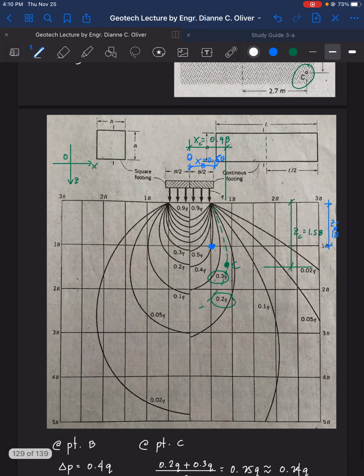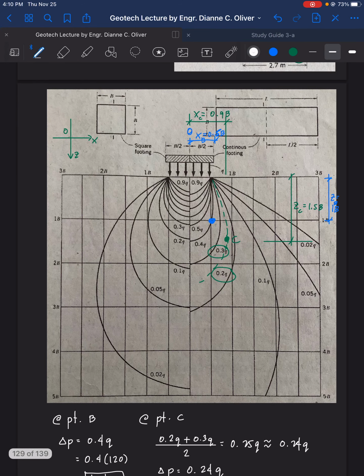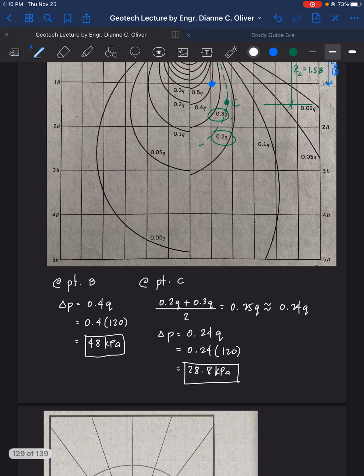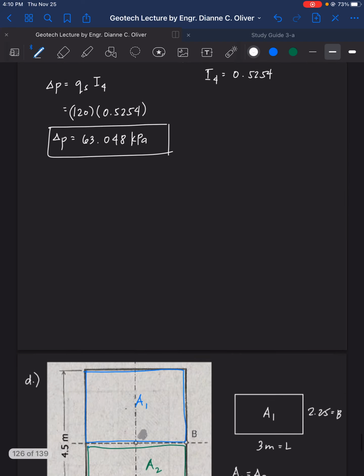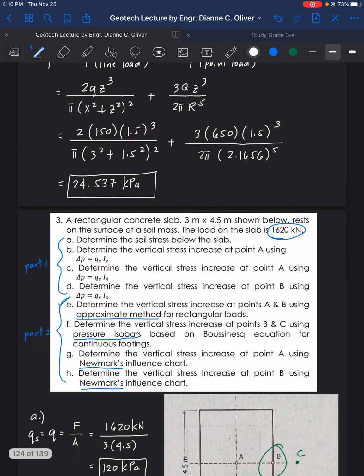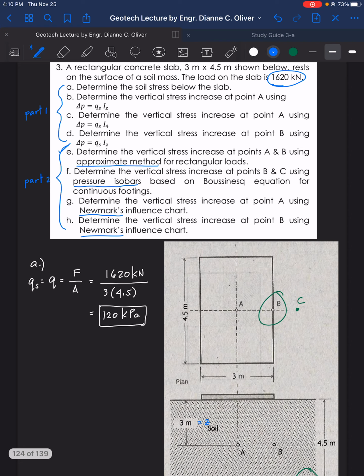Okay, screenshot first. Alright, let's go back to the problem again. We're done with F. Let's go to letter G. Determine the vertical stress increase at point A using Newmark's influence chart. So we're looking for point A here.